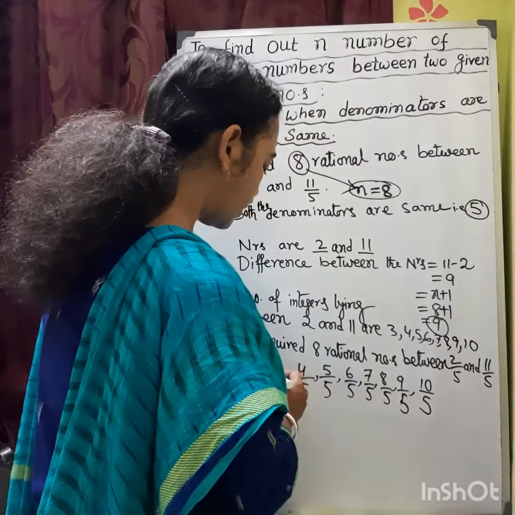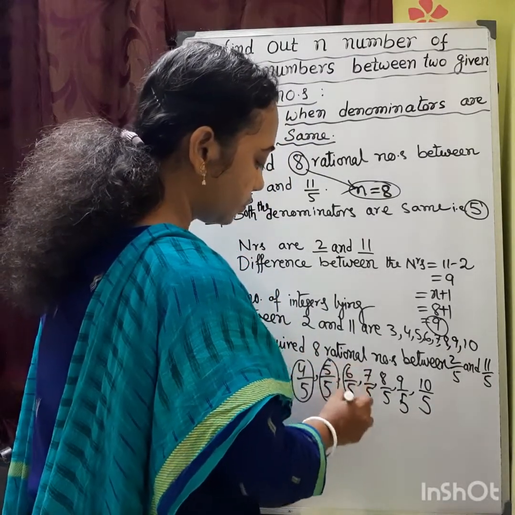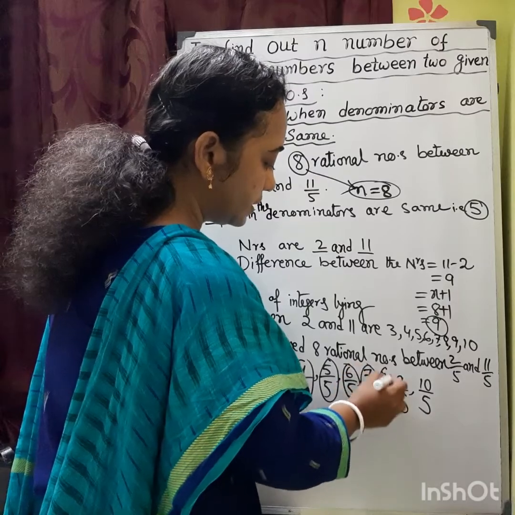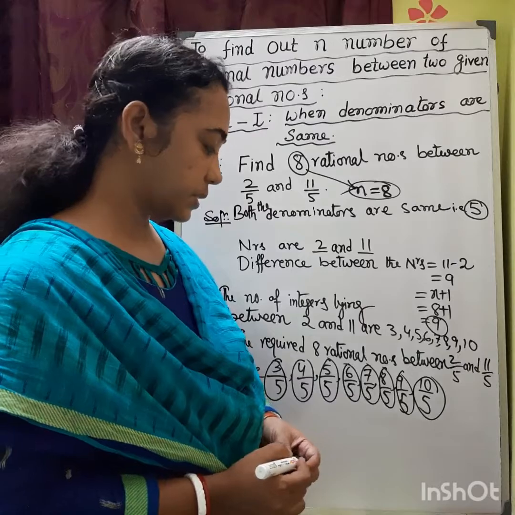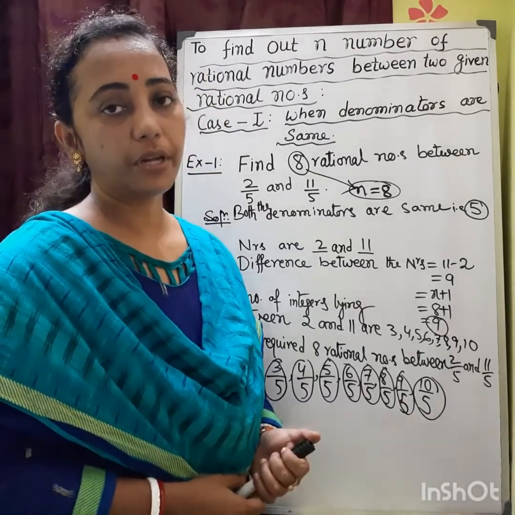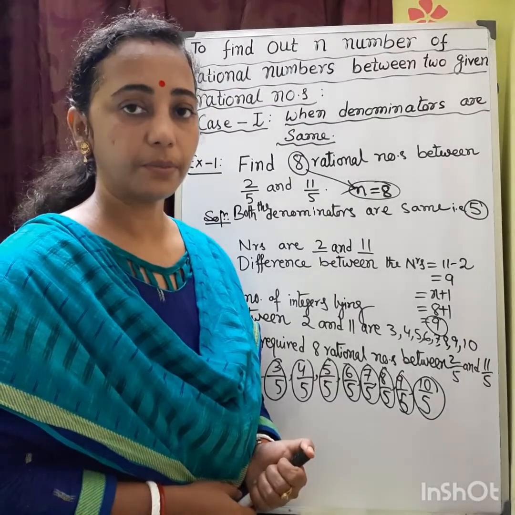So these are the 8 rational numbers between the two given rational numbers, 2 by 5 and 11 by 5.